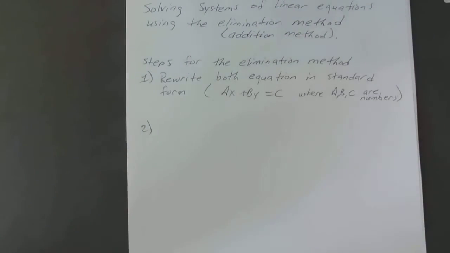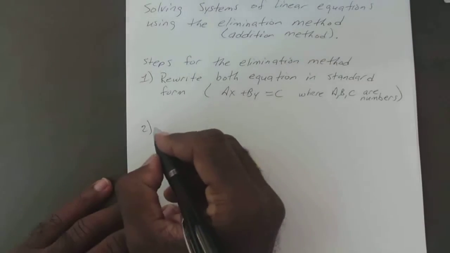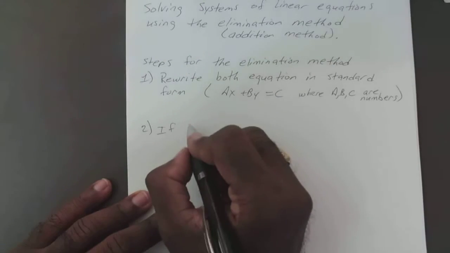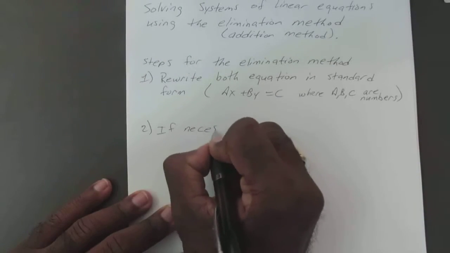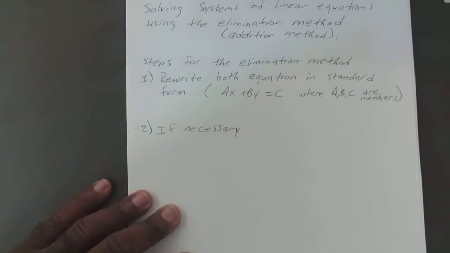Okay, so the second step, only if it's necessary, you want to multiply every term in one equation or every term in both equations, so that when you add the two together, one of the variables cancels out. And we'll go through each step.